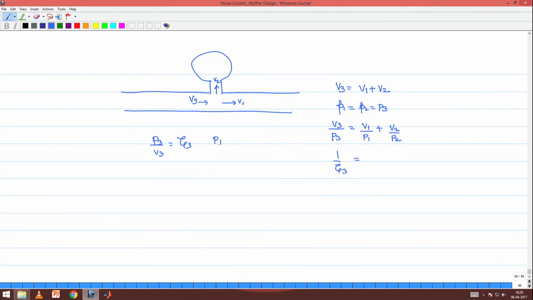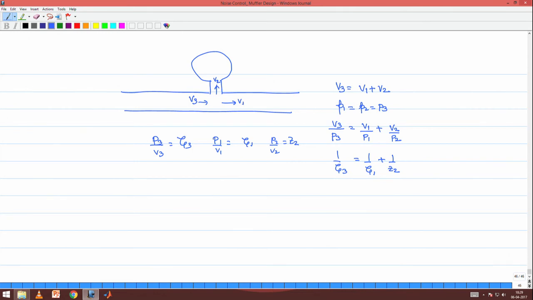Similarly, if we call P1 by V1 impedance as zeta 1, then we could write this as 1 by zeta 1, and finally, if we call P2 by V2 the impedance Z2, then we could write this as 1 by Z2.